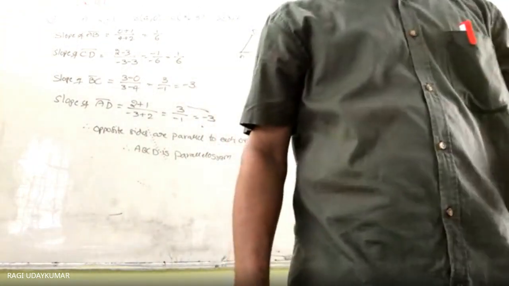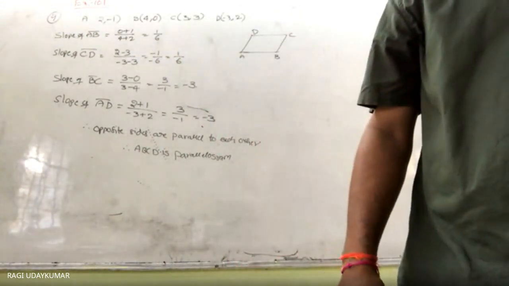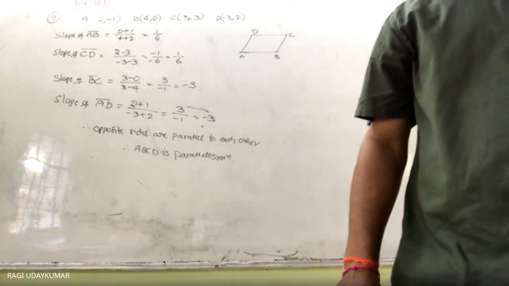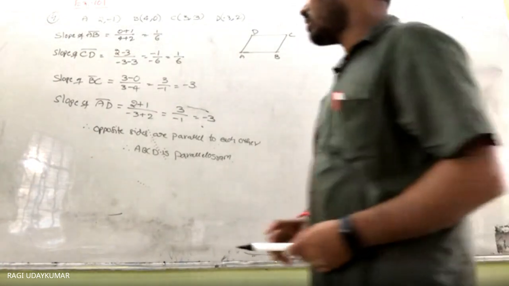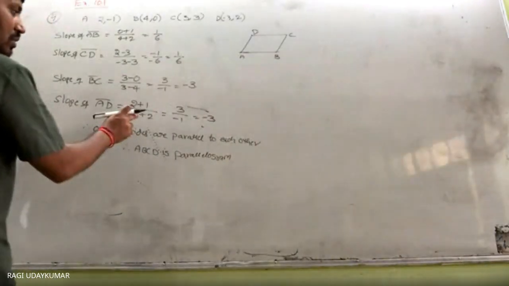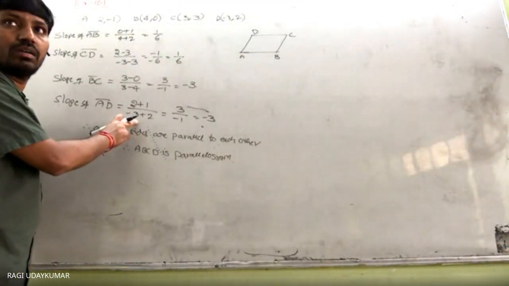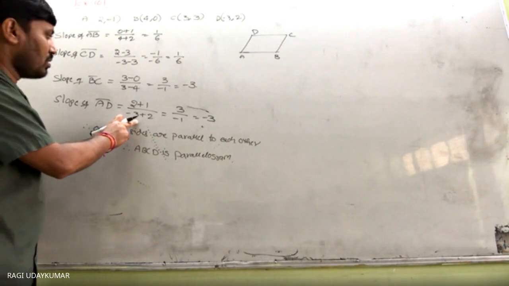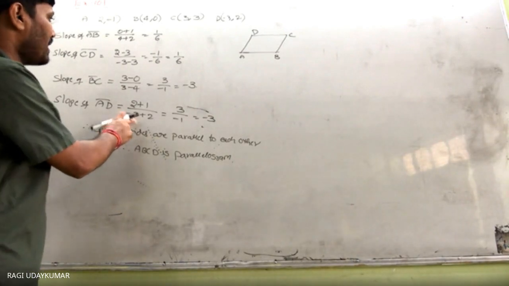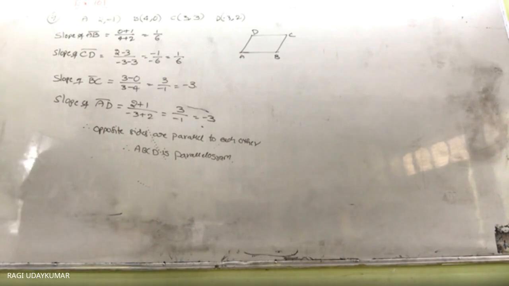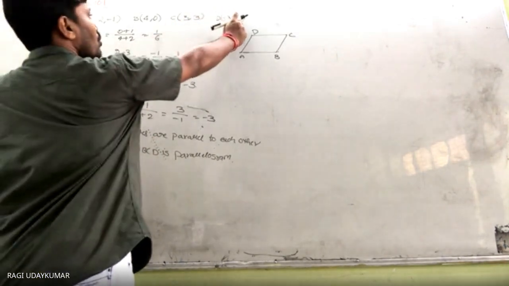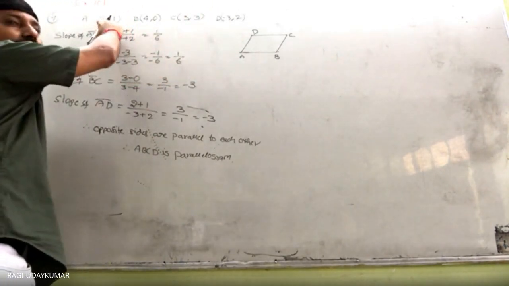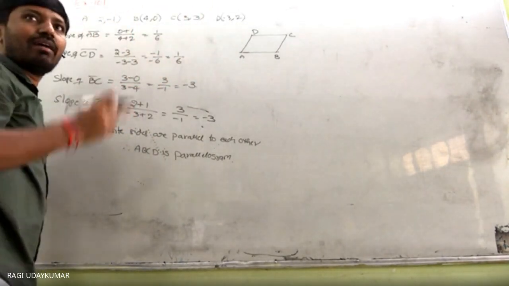Find the angle between the x-axis and the line joining the other 2 points. The slope of AD is 2 minus of -1, that is 2 + 1, y2 - y1.